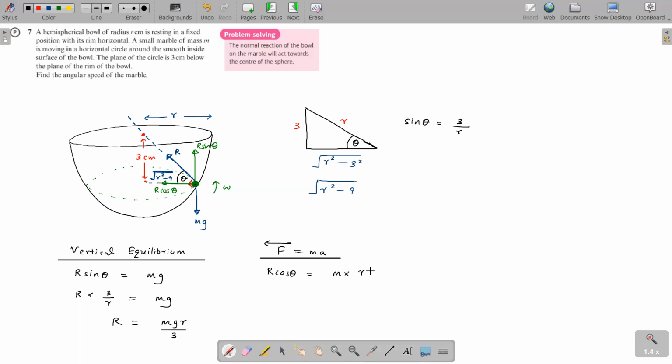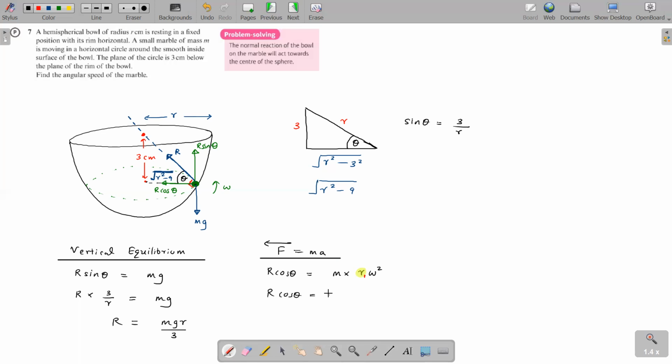Over here you have to be very cautious with this r. This r doesn't mean the radius of the hemisphere. I just put r1 or something to say that it's the radius of the circular path, because you need to understand that r is the radius of the hemisphere. But when you use m r omega square, the r is supposed to represent the radius of the circular path.